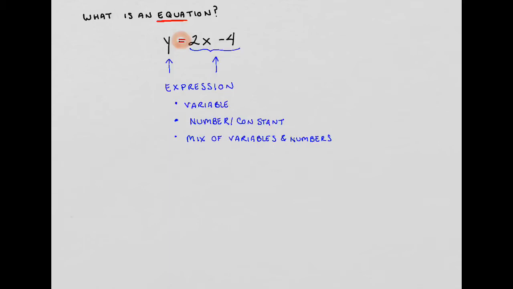And these are going to be held together with operations. In certain cases, an operation can be an addition or a subtraction sign. Another one might be multiplication or division. In this case, between the 2 and the x, there's a multiplication happening. We just don't put the multiplication sign. Oops, I misspelled that. Let's try that again.